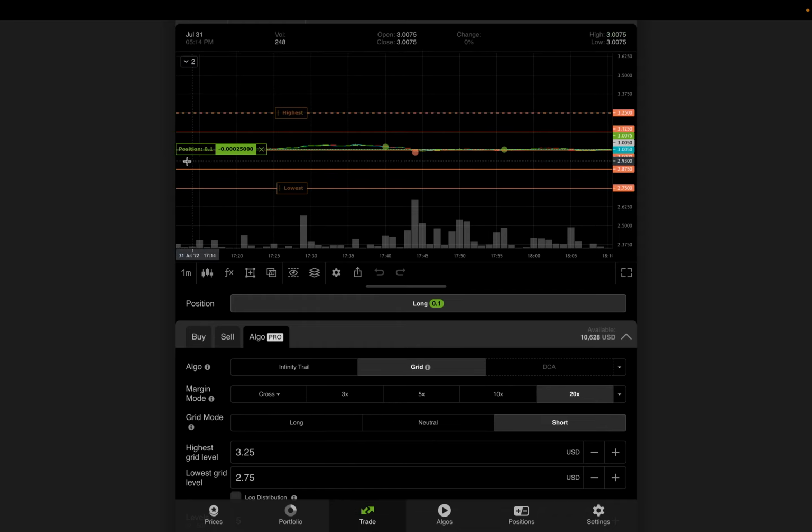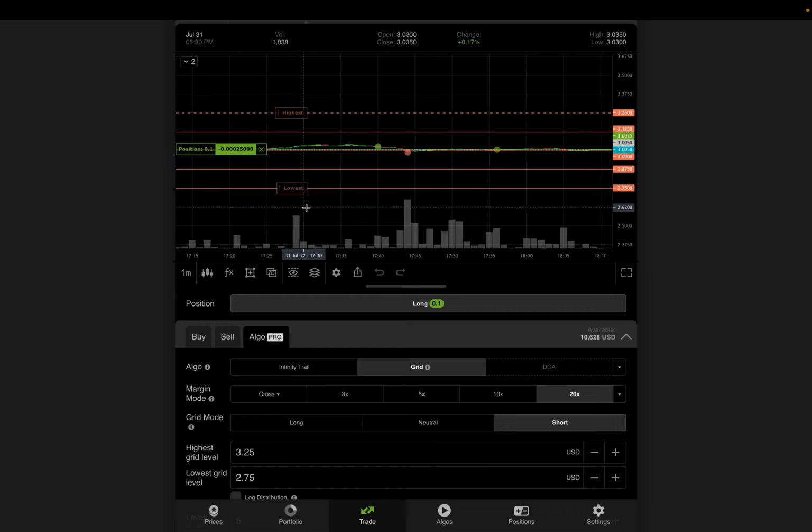Then the short grid, basically, you start with a short position, and the position increases if the price moves up, but if it moves lower, your position decreases, and if the price leaves the grid range below the grid, then your position is zero, it's neutral, you don't have any risk.